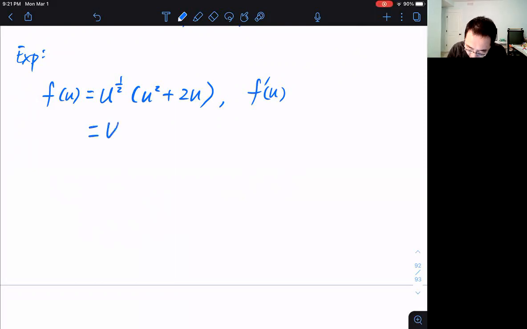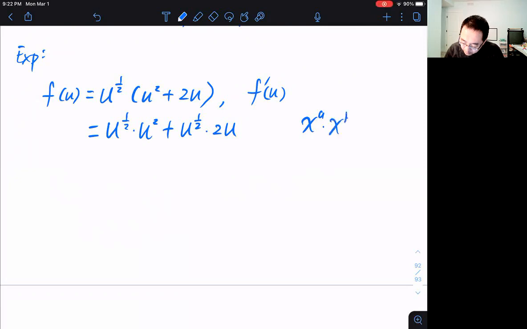This equals u raised to the 1/2 power times u squared plus u raised to the 1/2 power times 2u. If you recall, we have said x to the a power times x to the b power equals x to the a plus b power.